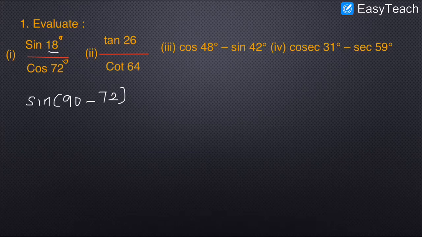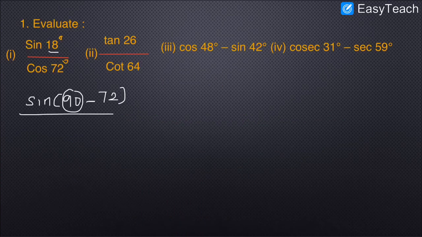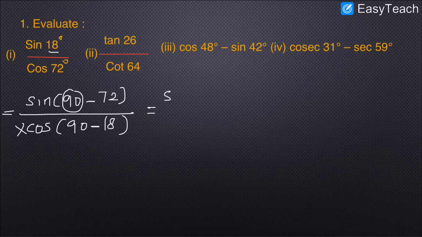Actually we don't need this step, because sine 90 minus theta is cos theta, right? So here we got cos 72. In place of theta we have 72. On the denominator we already have cos 72, so we don't need to change this one. You write it as it is. So we can cancel. The answer is 1.